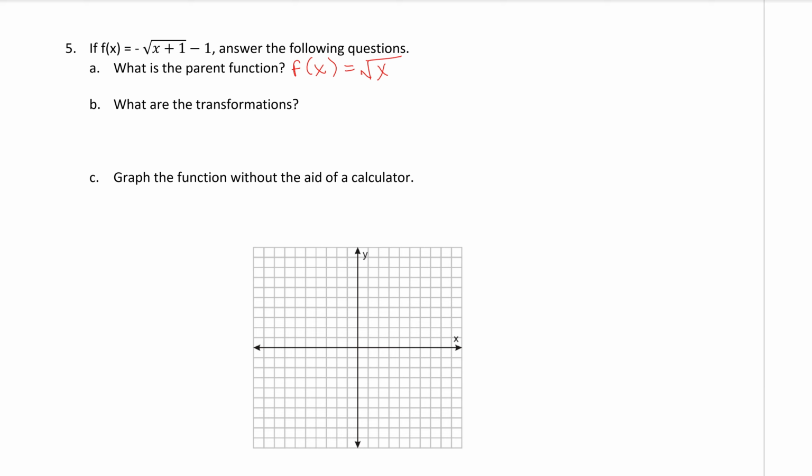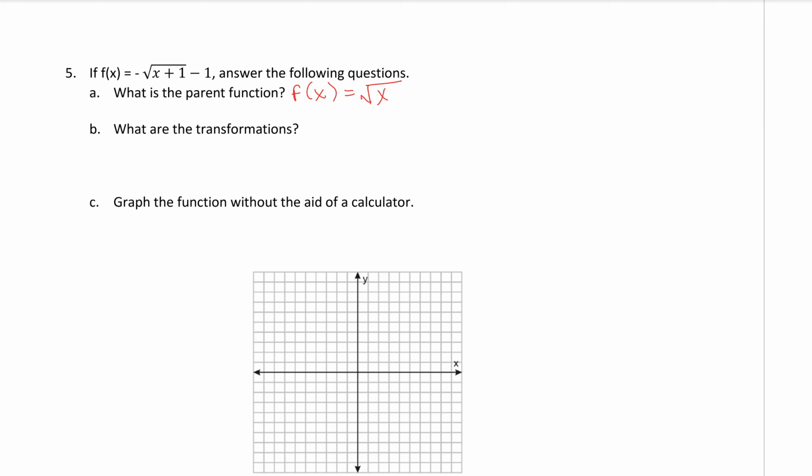Now it asks, what are the transformations? Okay, so I'm going to go to my equation. I'm going to notice the very first thing is I have a negative. That negative means that it's reflected over the x-axis. Now, I'm going to move on to the next thing. I have a plus 1 inside of my radical.